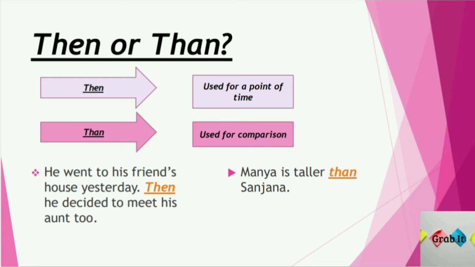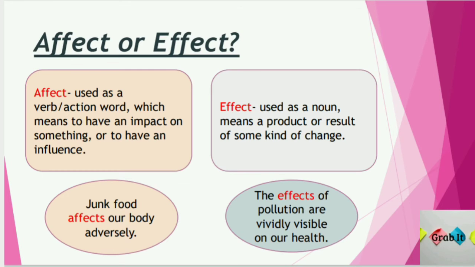The next one is really important. A lot of people make mistakes while they are writing these two words, and many of the people use these words in place of each other, which is wrong. Let's understand the difference between affect and effect. Both are different.